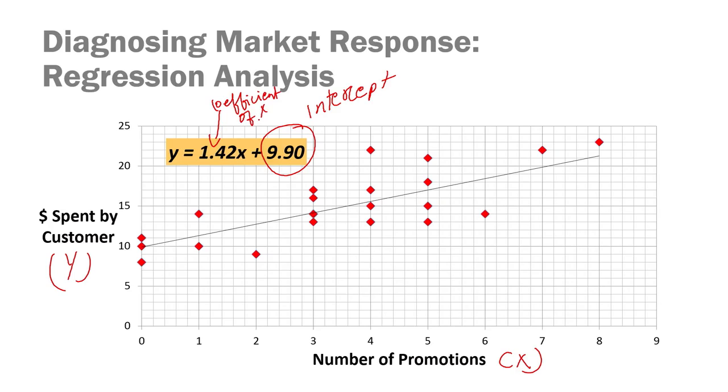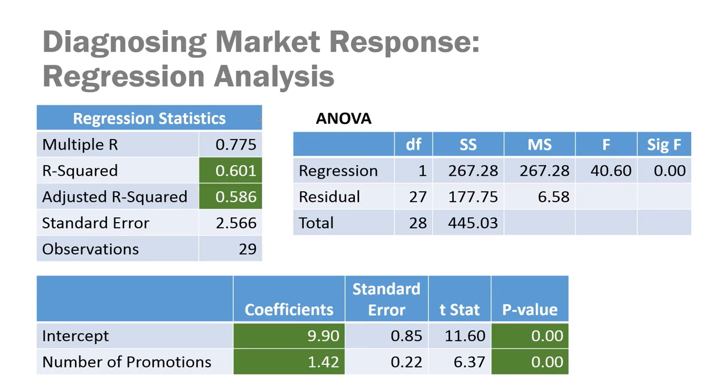You know that by now. And when we looked at the regression, you saw that the number of promotions has a p-value less than 0.1. So it is likely that number of promotions will have an effect even when you look at another sample. So you know that number of promotions has statistical significance. Now what you need to know is, does number of promotions have economic significance? Let's see how we do that.